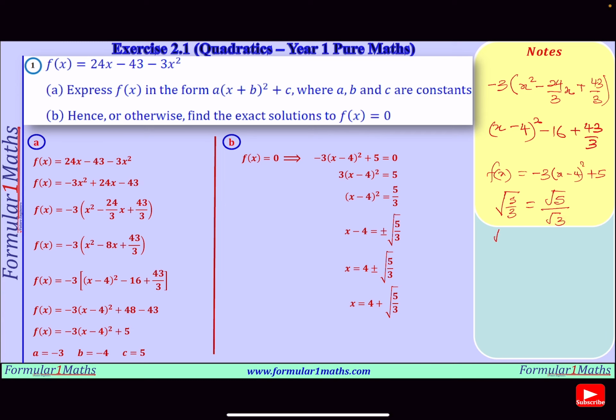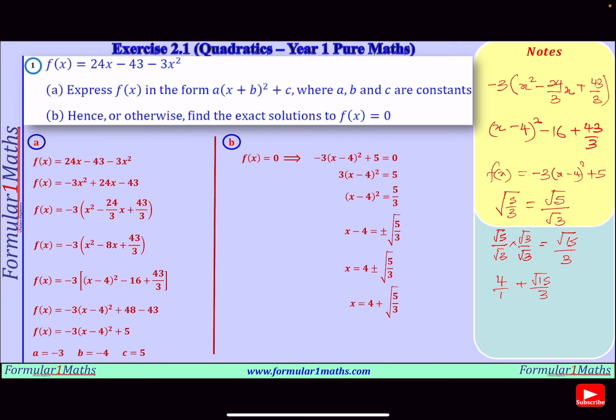So I'll have square root of 5 over square root of 3, multiply denominator and numerator by root 3, and that gives square root of 15 divided by 3. So this whole value of x can now be written as 4 over 1 plus square root of 15 over 3.